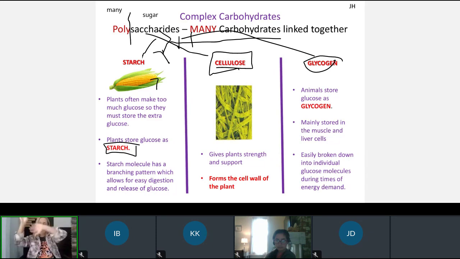You know what I mean? That's my stock up there, so that if I'm cooking and I need something and it's gone, I can look in my higher storage. That's kind of like what is going on in glycogen.